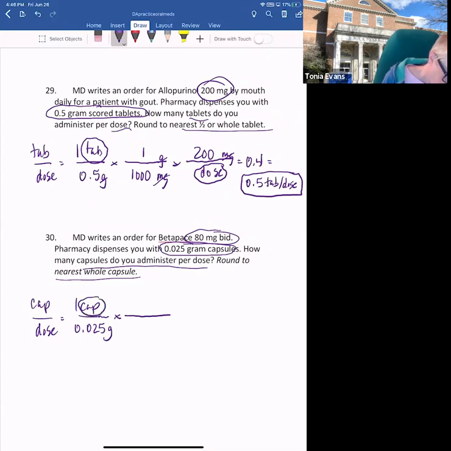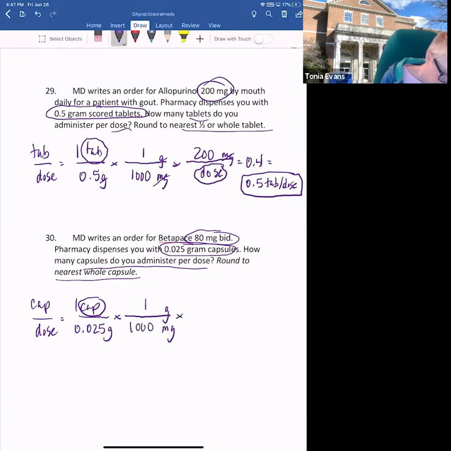Got my caps, I need to get rid of grams. And I see my order's in milligrams. So again, I'm going to have to convert grams to milligrams. 1 gram is 1,000 milligrams. Grams cancel out. Go to milligrams next. 80 milligrams per dose is what our order is for. So milligrams canceled out. I've got dose there, so I'm left with caps per dose.